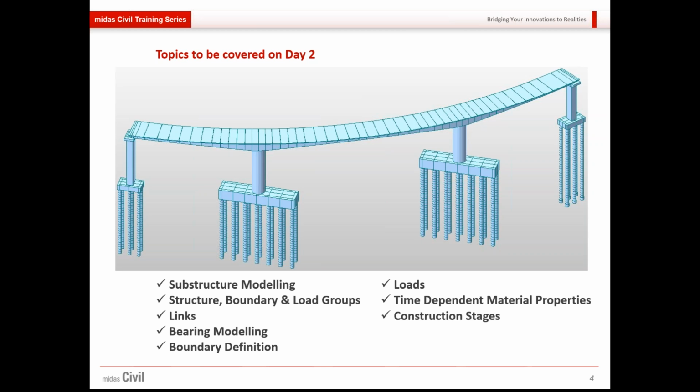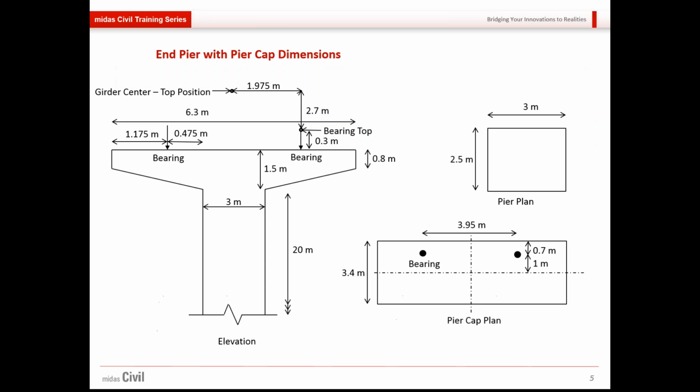Now moving on to the substructure dimensions. These are the pier dimensions that we'll be constructing today. The girder center top position is as shown, 1.975 meter at an offset in the lateral direction, and the bearing top is 2.7 meters below the girder center top position.